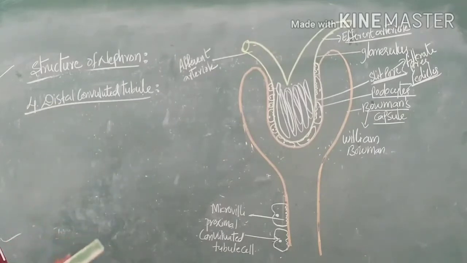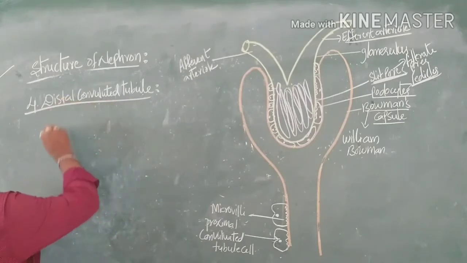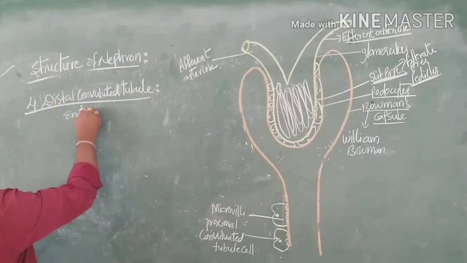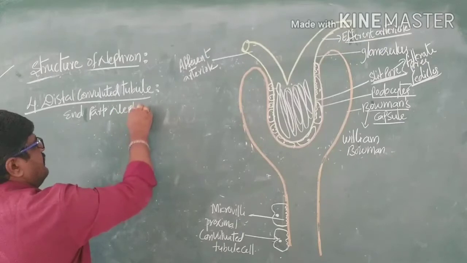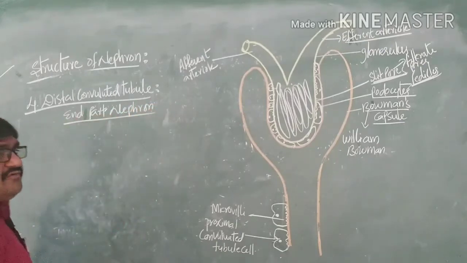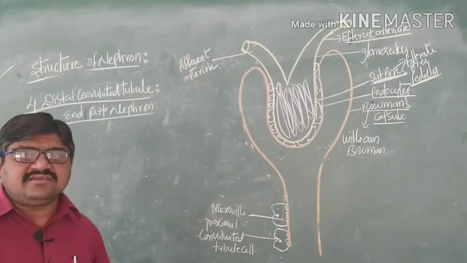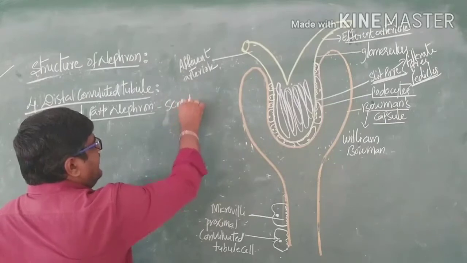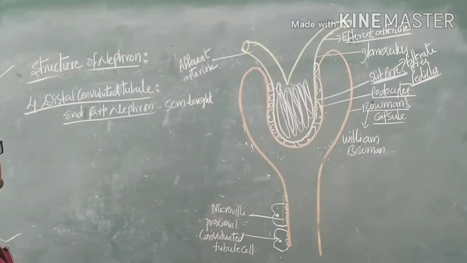Distal means the end part of the nephron, the part which is far away from the nephron, and it does not have much tube-like structure. So it is called the distal convoluted tubule, and it is 5 centimeters in length.